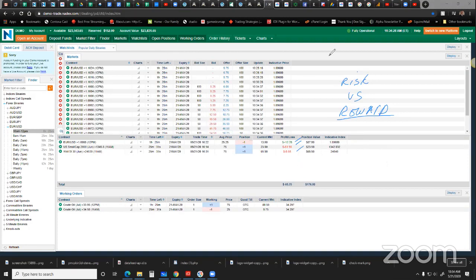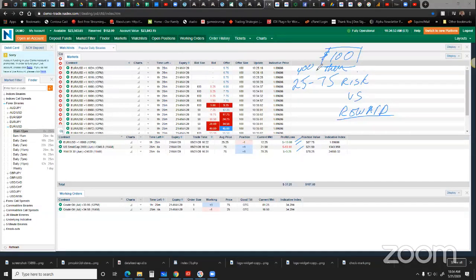Now in Nadex, you can only ever really risk, between the two parties, an equality of $100. So if one person's risking 25, the other person is risking 75 within the trade. Because there's you and there's them.